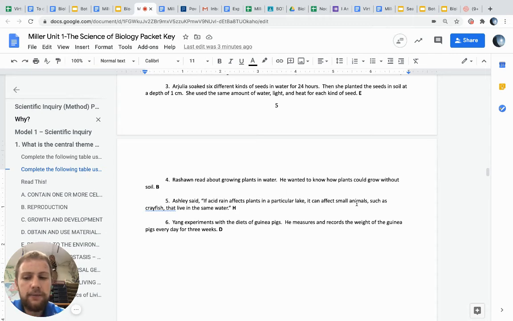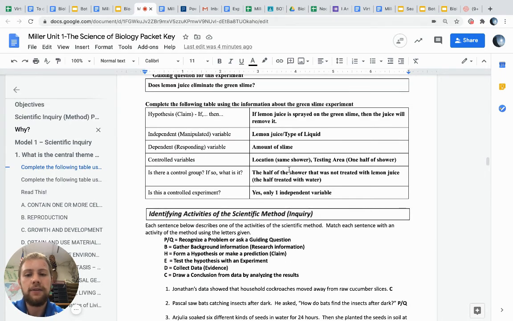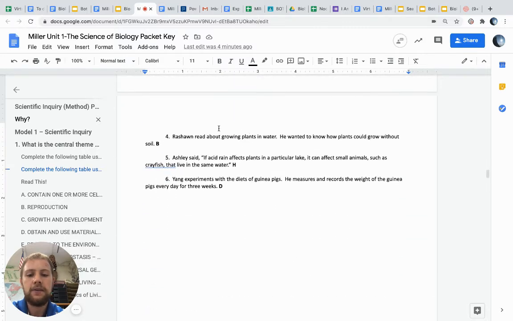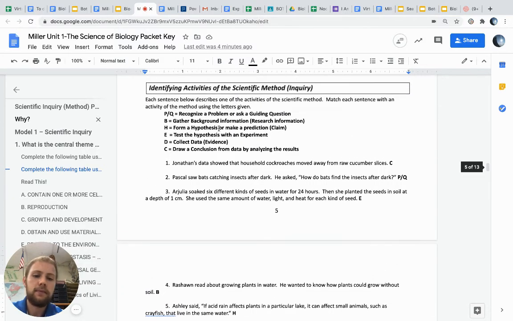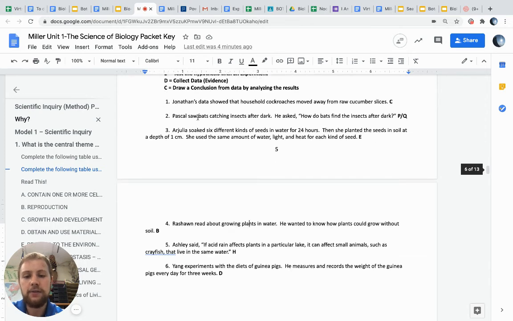So what scientific thing do we know that has an if-then statement? It was listed up here in the previous examples. A hypothesis, an if-then statement of a question to be tested. All right, so I would say that is certainly going to be H, form a hypothesis or make a prediction, make a claim.